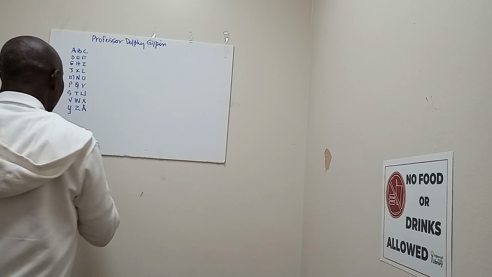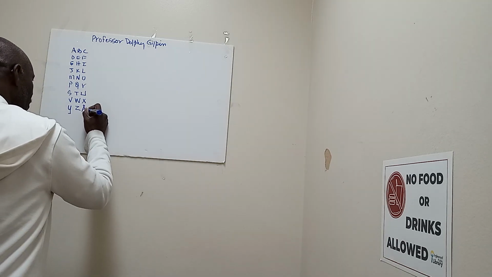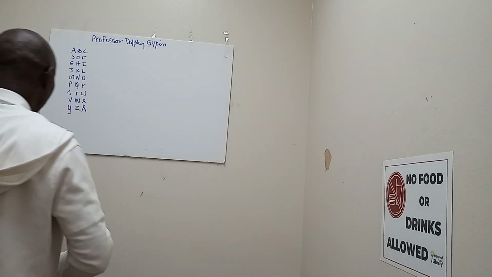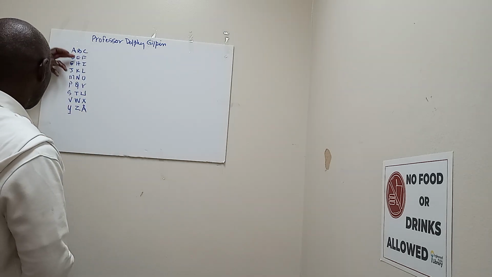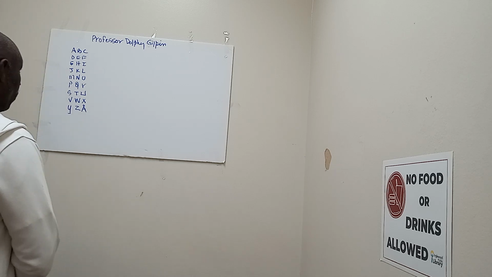Put a naught at the top like an angstrom unit, but it's not an angstrom unit here. It's just to differentiate. And so here we have 1, 2, 3, 4, 5, 6, 7, 8, 9. So we have 6 more to go.